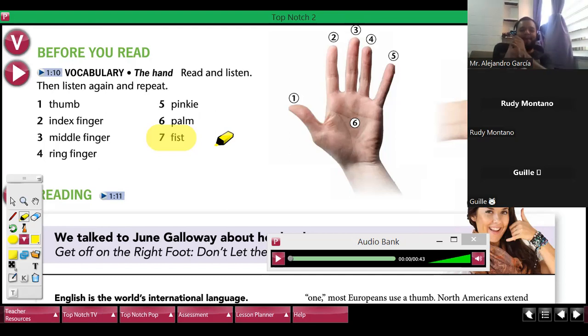Ya habían oído esa palabra, pinky promise. Okay, there we go. These are the fingers in your hand. Then all this is the palm. Palm, repeat, palm. Then what do we have? What is number 7? Fist.